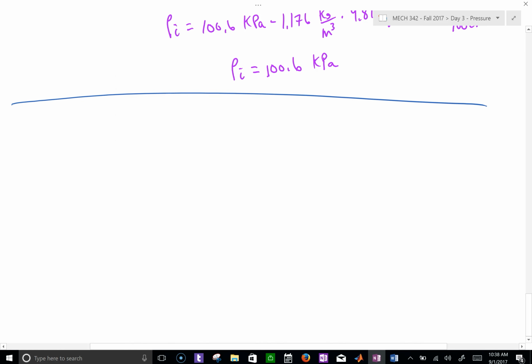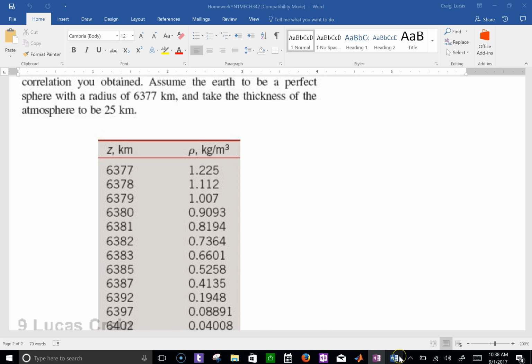Okay, so here is the Earth. And this dotted line is the outer part of the atmosphere. The radius is what's given. The ground level is 6,377. Then it goes out to 6,402. Is that right, for the beginning and end?